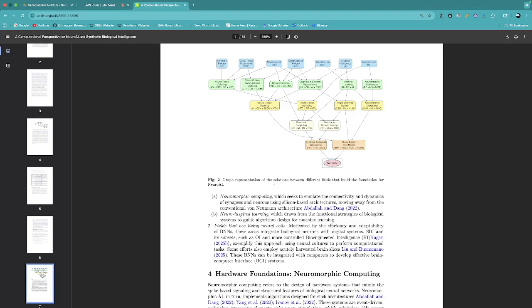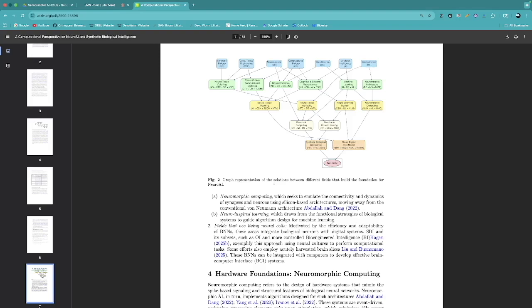So neuromorphic computing is a hardware implementation that moves us away from von Neumann architectures towards things that are more biologically inspired. Von Neumann architecture, of course, separates out memory and processing for very practical reasons, but that's not really the way we want to build devices that are inspired by the brain, because that's not the way the brain works.